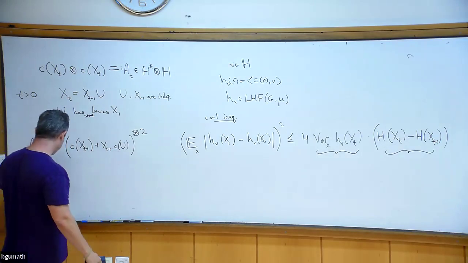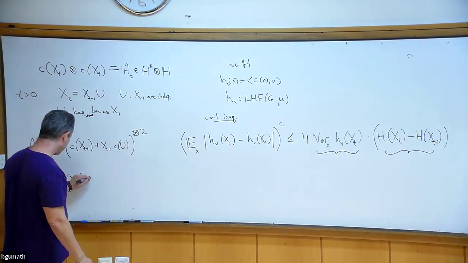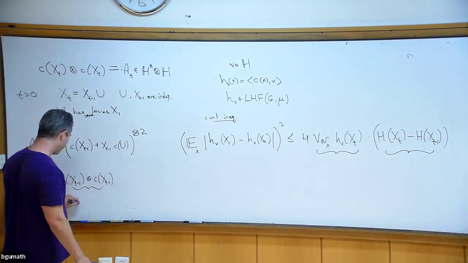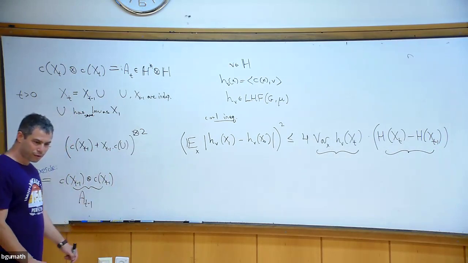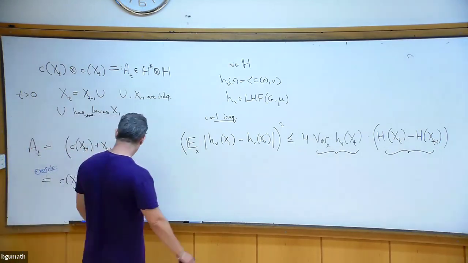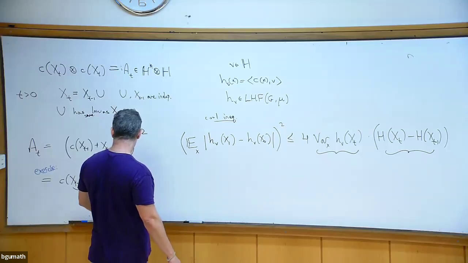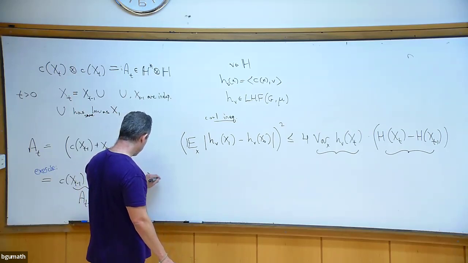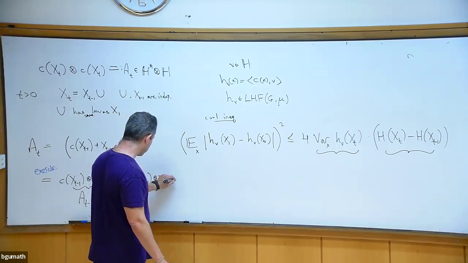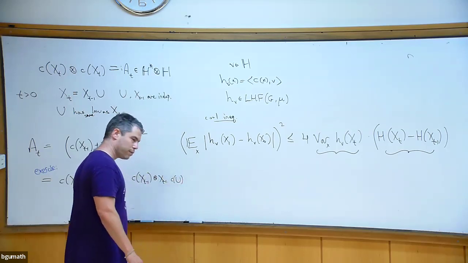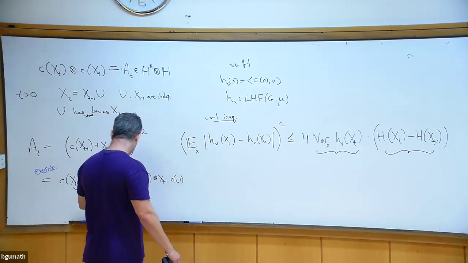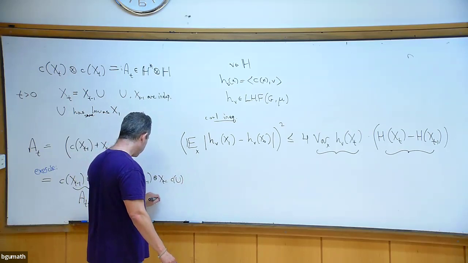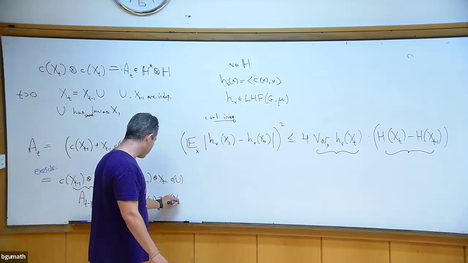So I get C of XT minus 1 tensor C of XT minus 1, plus C of XT minus 1 tensor XT minus 1 acting on C of U. Plus, on the bottom, XT minus 1 acting on C of U tensor with C of XT minus 1.